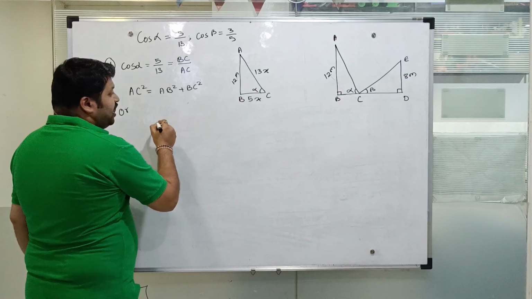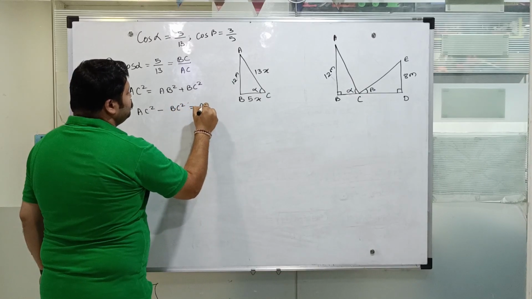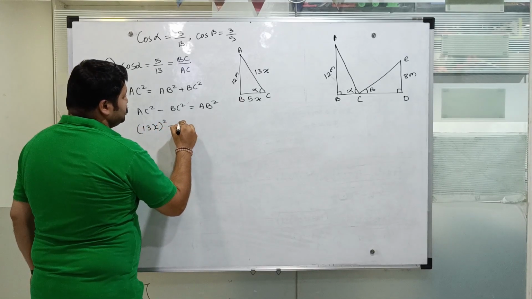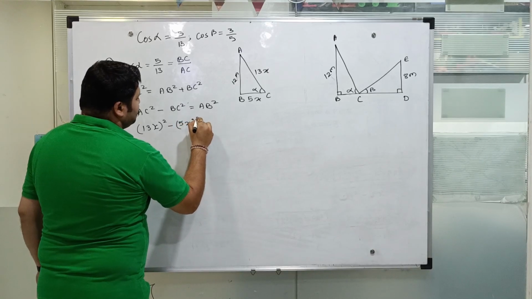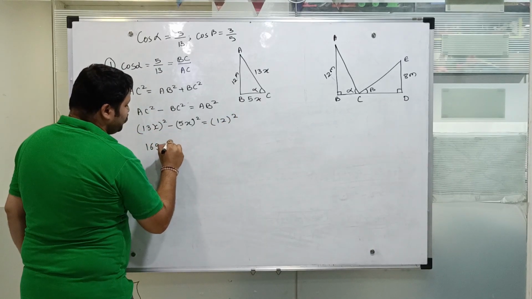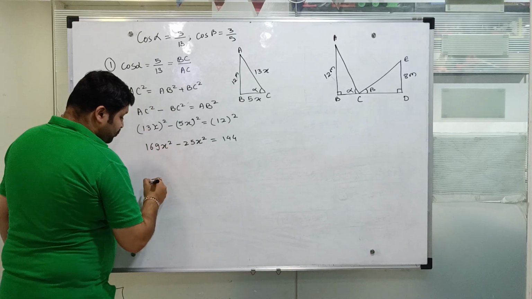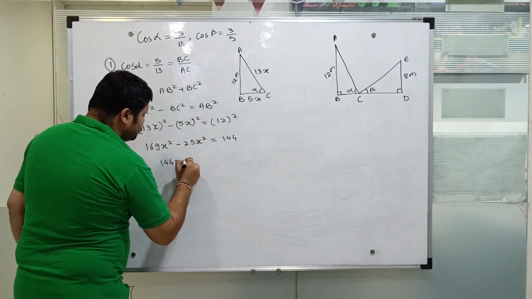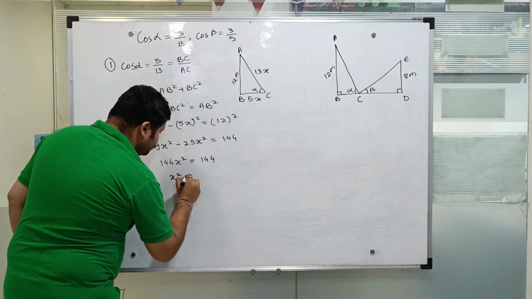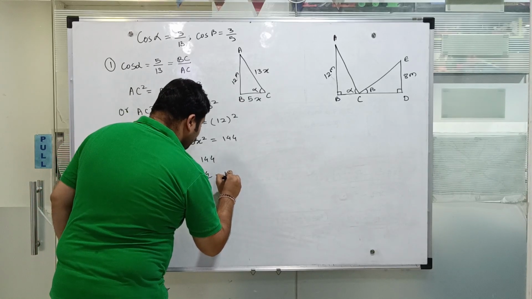So I can write AC square minus BC square is equal to AB square, giving me 13x square minus 5x square is equal to 12 square, or 169x square minus 25x square is equal to 144, or 144x square is equal to 144, or x square is equal to 144 upon 144, so that's equal to 1.